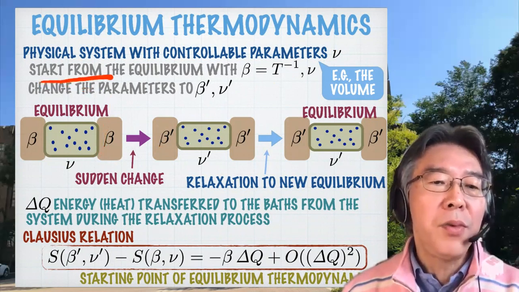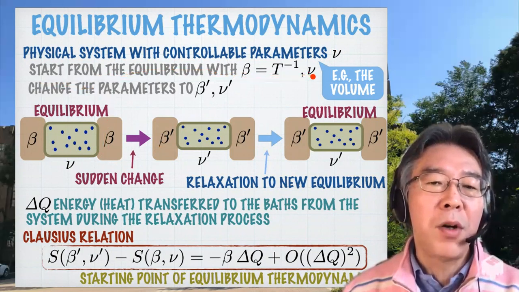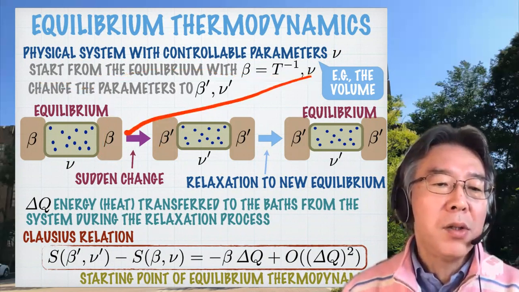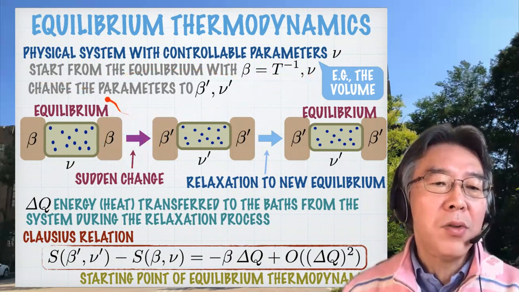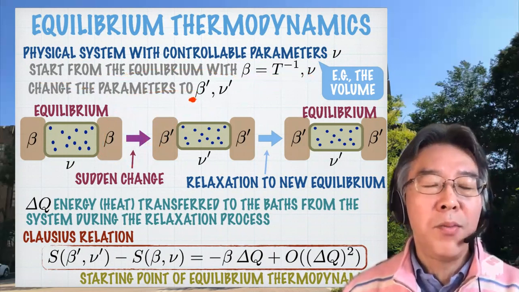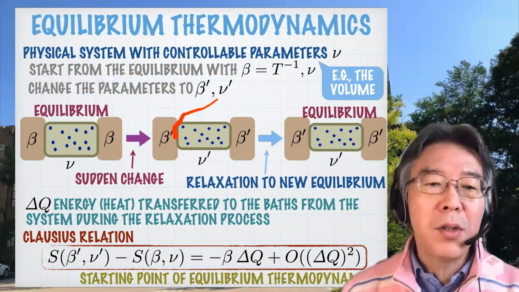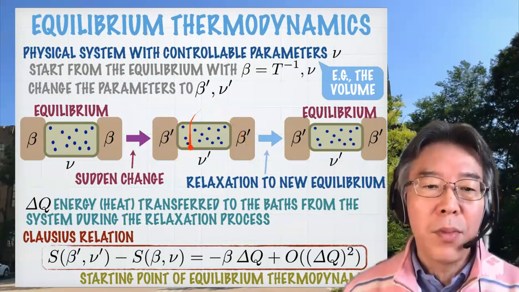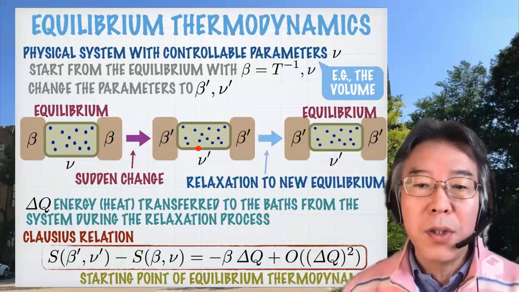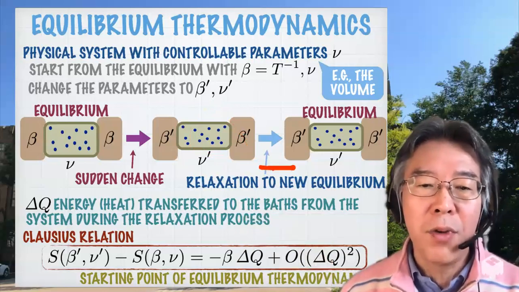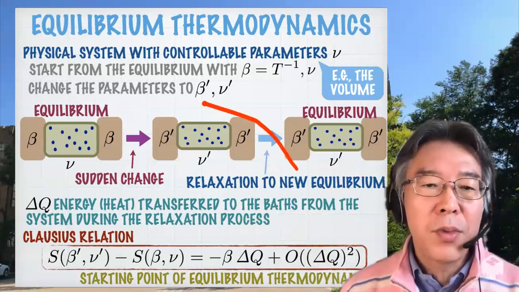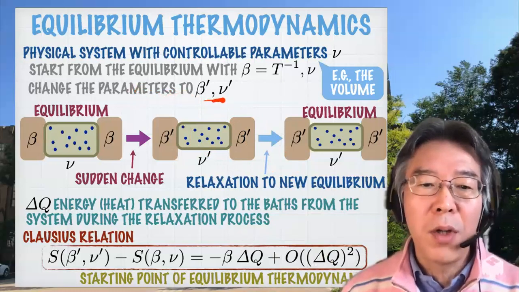You start from the equilibrium state with inverse temperature beta and parameter nu. At some stage, we make a sudden change of temperature and parameters to beta prime and nu prime. Then the system is no longer in equilibrium. But if you wait for a sufficiently long time, it relaxes to a new equilibrium state with this new beta prime and nu prime.